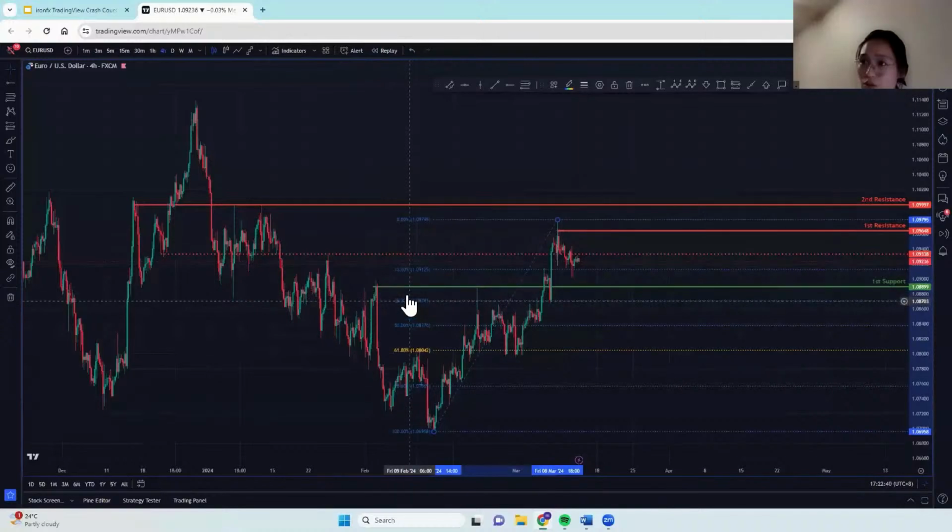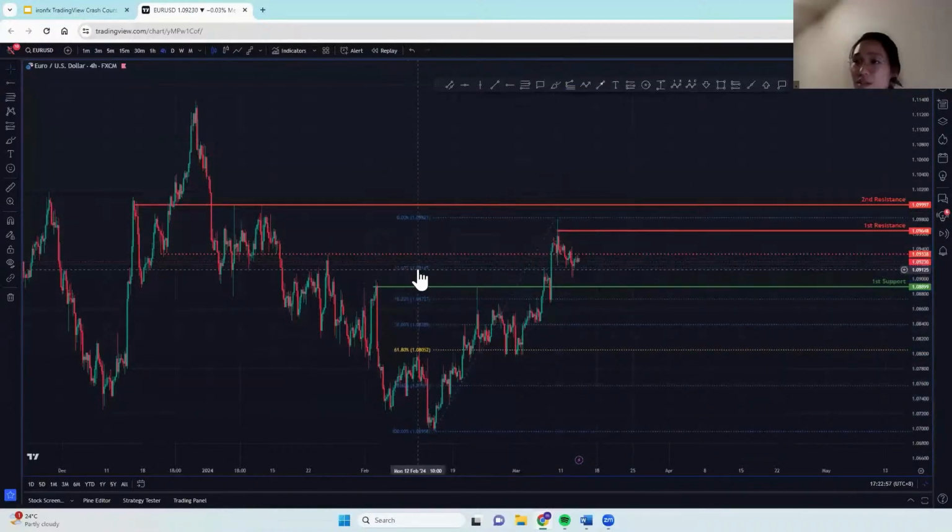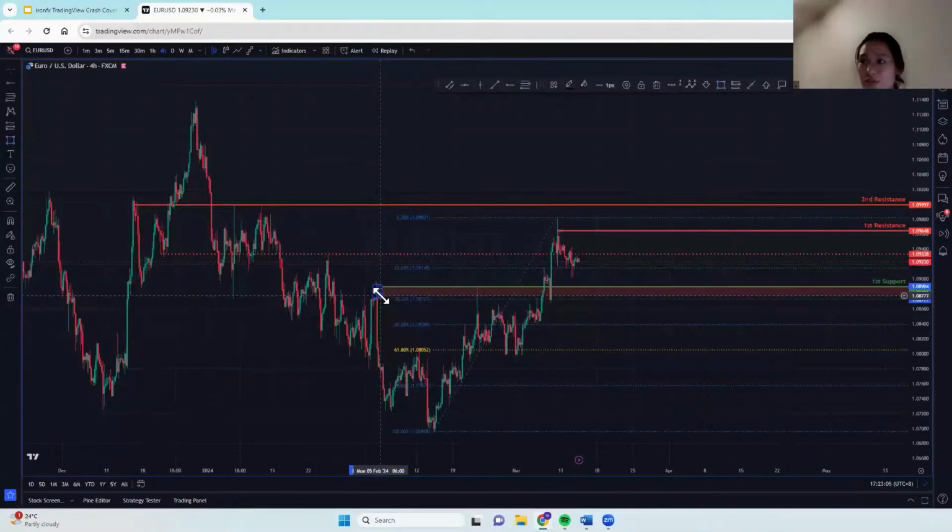You can see that my 38.2 lines up with my first support, and my 23.6 as well. So it doesn't have to line up exactly at those levels, because we are looking for confluence areas instead of actual levels.